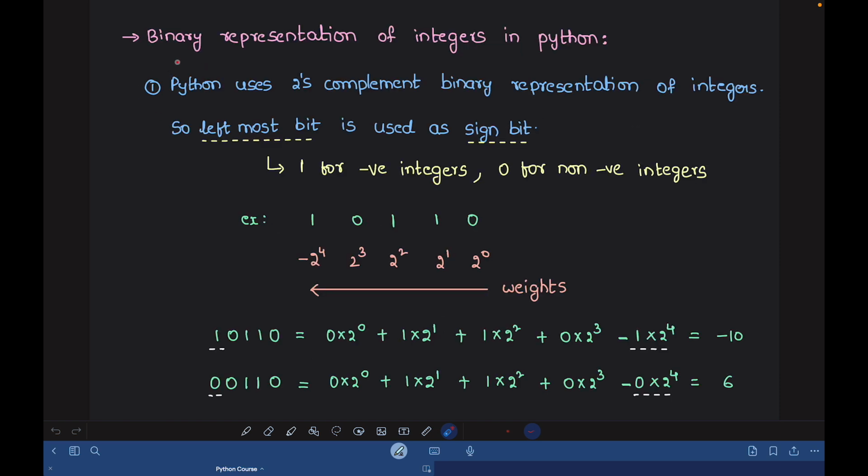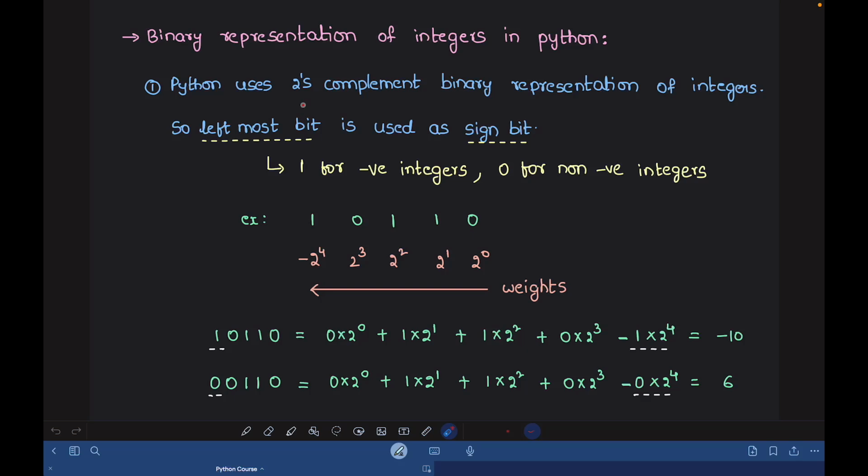The first point we need to understand about binary representation of integers in Python is that Python uses 2's complement binary representation. In fact, it is worth noting that most of the other popular programming languages like Java, C, C++ also use 2's complement binary representation.